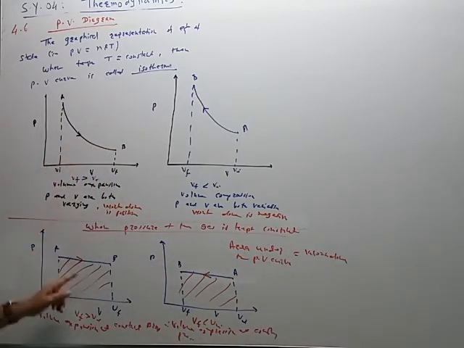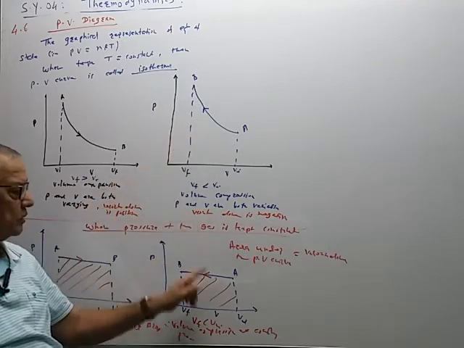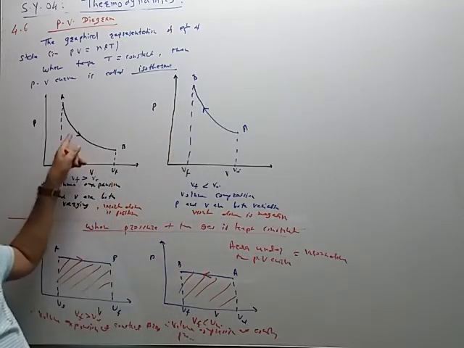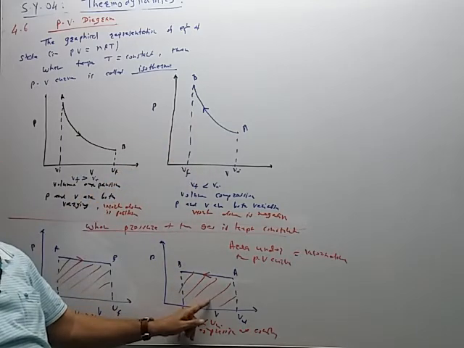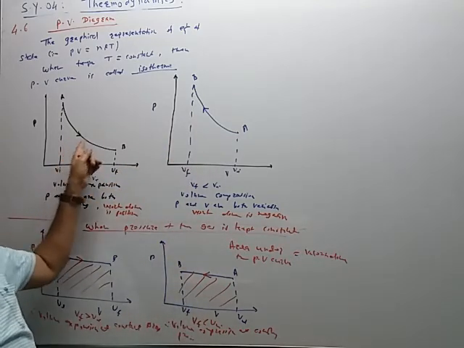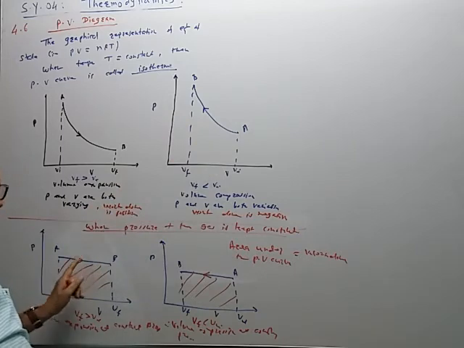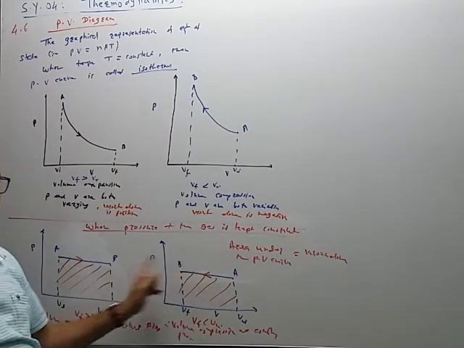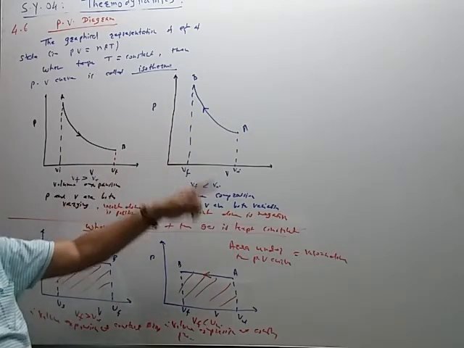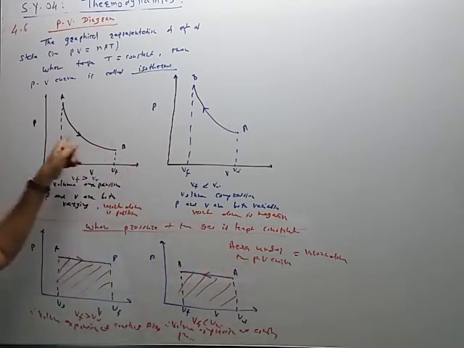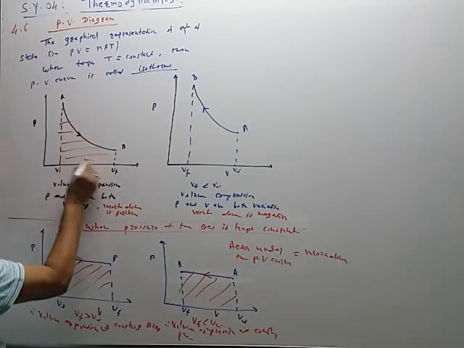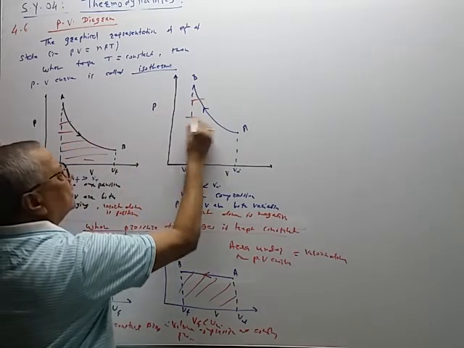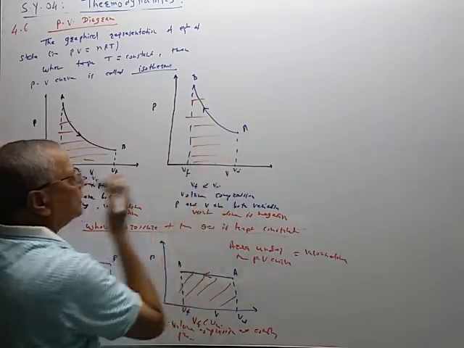So volume expansion, volume compression. Pressure is varying, pressure is constant. So pressure and volume both are changing. Pressure is constant, only there is a change in volume like this. So the common factor is this: the area under the curve gives the work done.